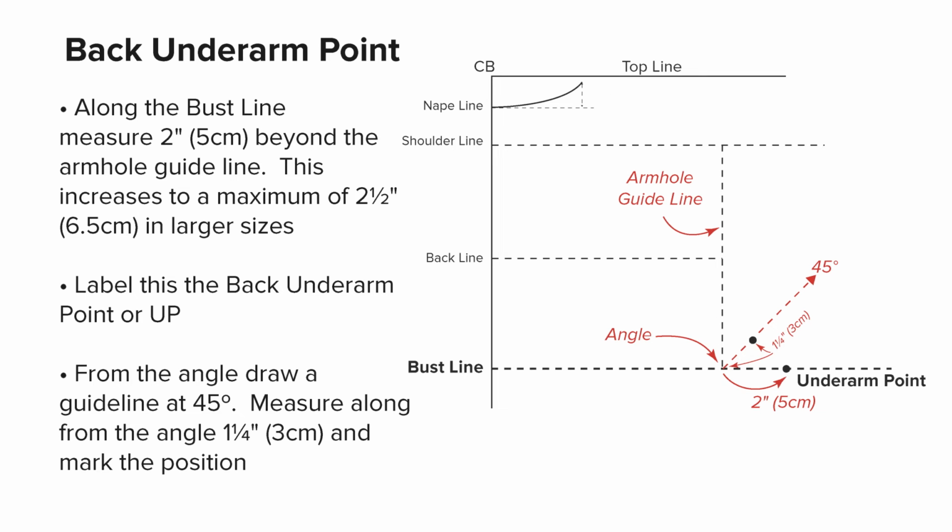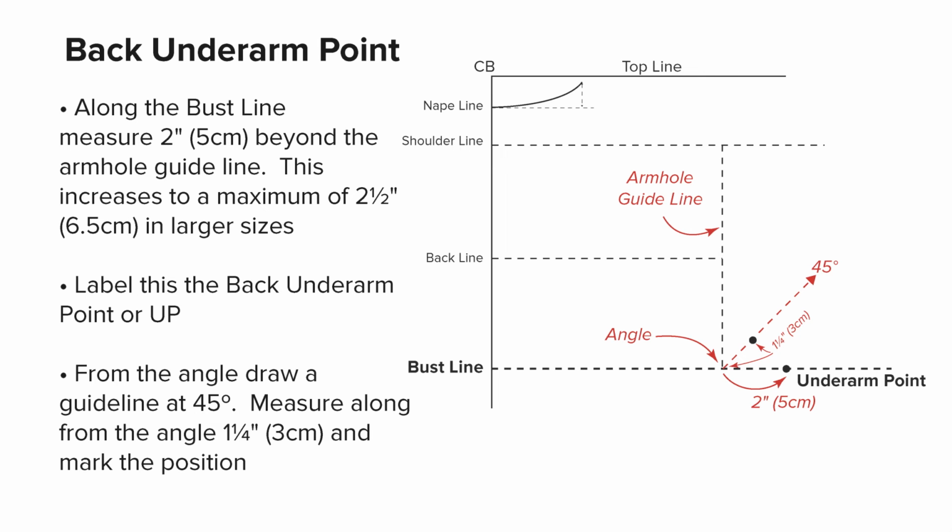The back underarm point. Where the armhole guide meets the bust line, extend the line out 2 inches, 5 centimetres and label back underarm point. This increases to a maximum of 2.5 inches, 6.5 centimetres in larger sizes.